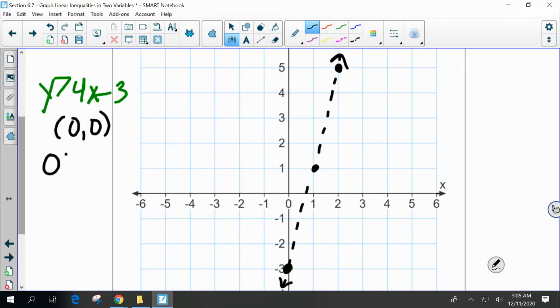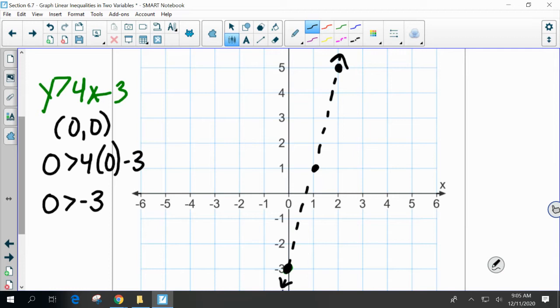So 0 is greater than 4 times 0 minus 3. What would that equal? 0 is greater than negative 3. And is that true? Okay, so you are going to shade the side that is true.